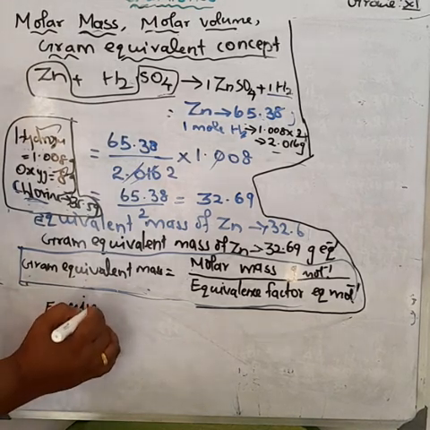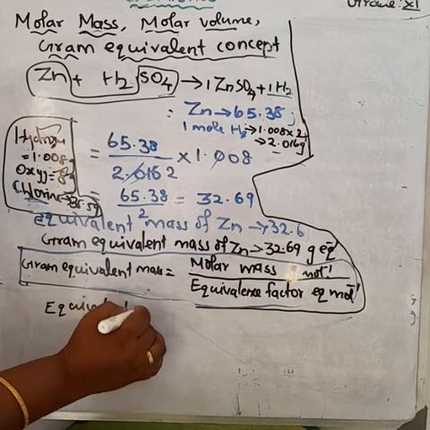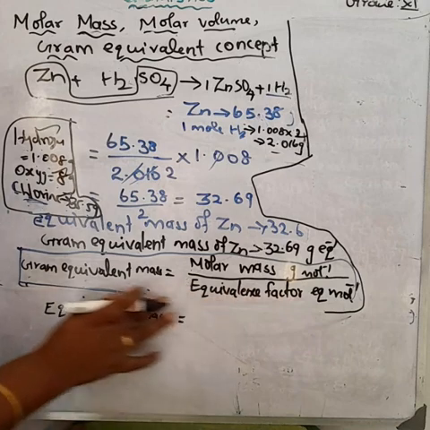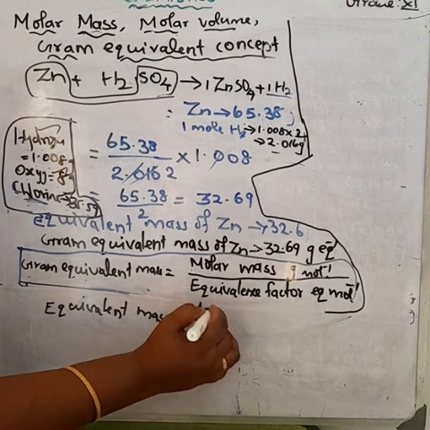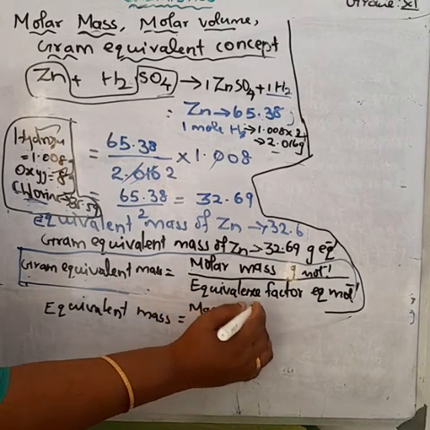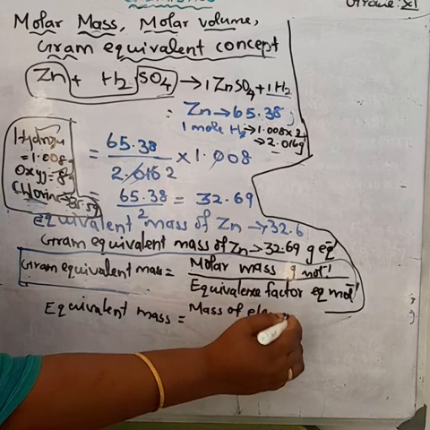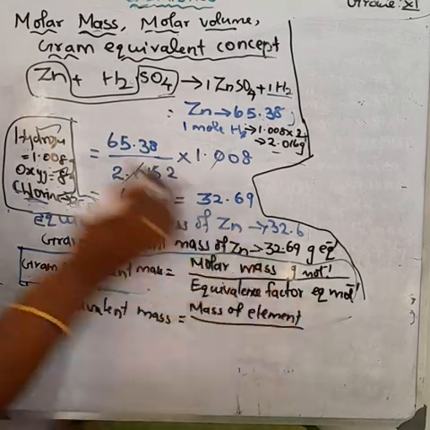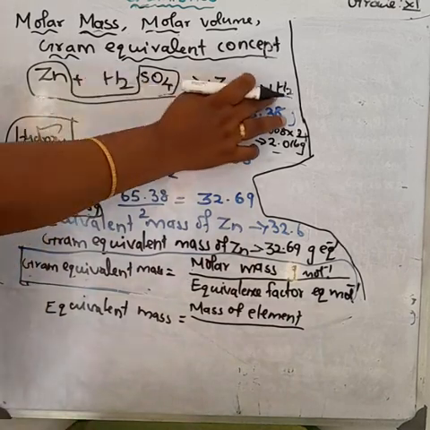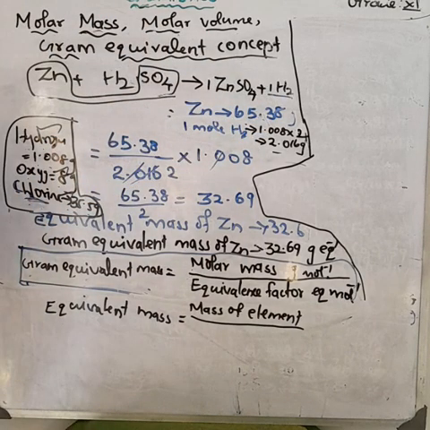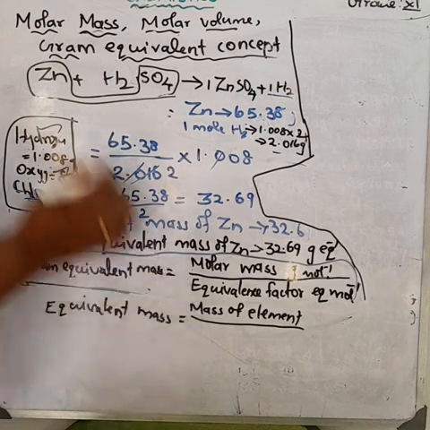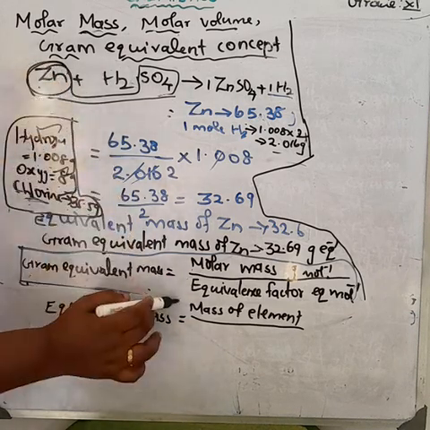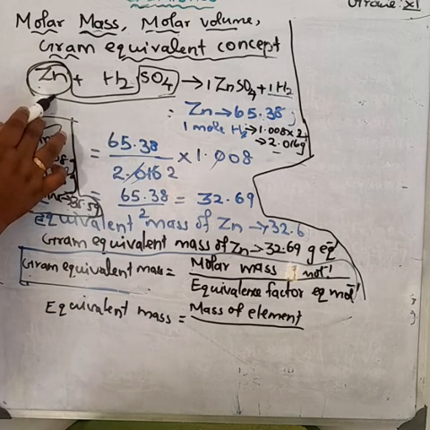The first one: equivalent mass is equal to the mass of the element. What do you mean by mass of the element? Consider this reaction, zinc plus sulfuric acid gives zinc sulfate plus hydrogen. Here the mass of the element is zinc.